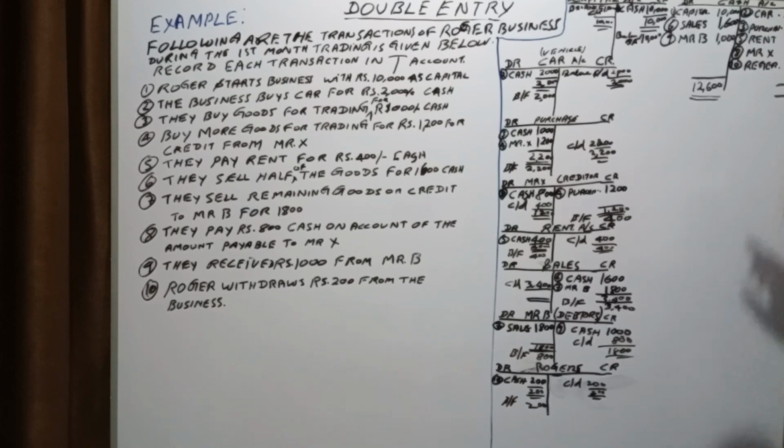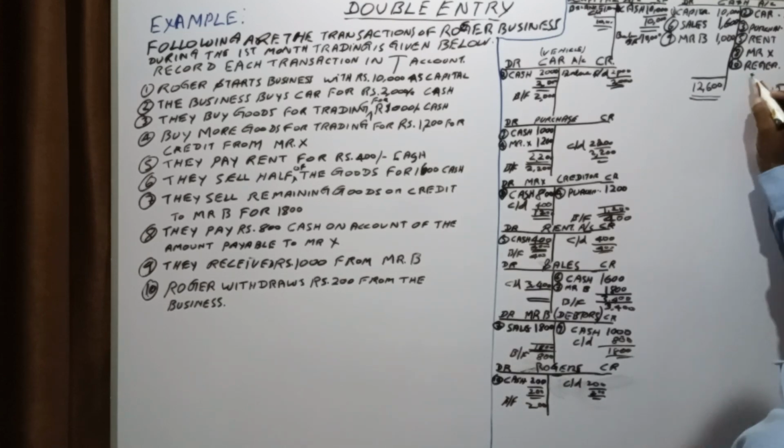And the credit side 1,400, and 12,600. The difference will be the carried down balance. Have you understood?